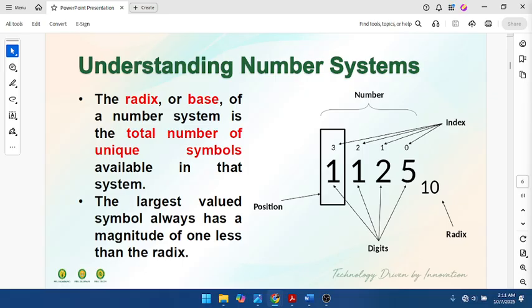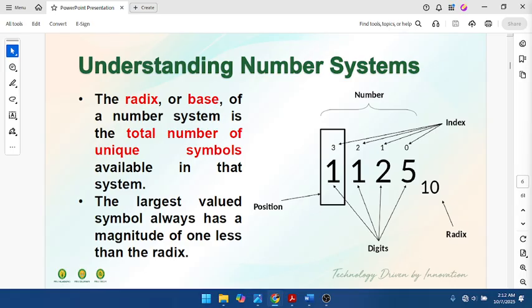For example, in our base 10 system, the largest digit is 9, which is 10 minus 1. This rule is universal. For base 2, the binary system, the largest digit is 1 and the lowest digit is 0. For base 16, our hexadecimal system, the largest digit is equivalent to 15.